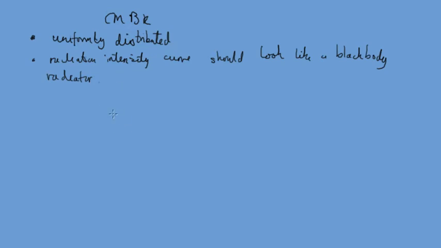So in the 1940s, there were two astronomers who were working on microwave telecommunications, and they built this microwave satellite, and they were testing it. And they kept getting this annoying signal, and they cleaned the thing, they fiddled with the thing, they did all this stuff because they couldn't get rid of this signal.